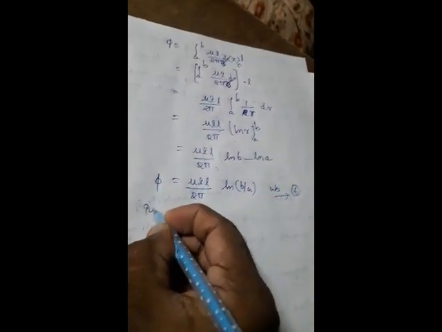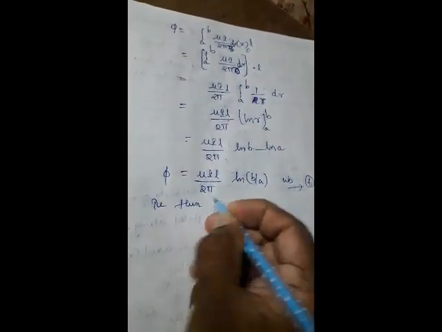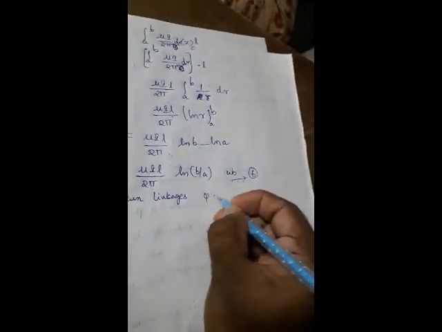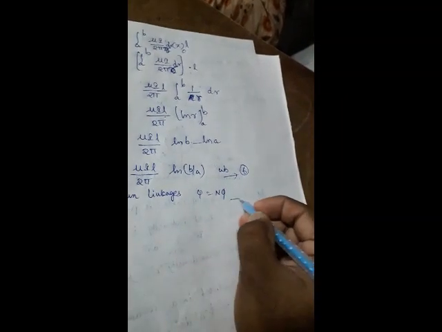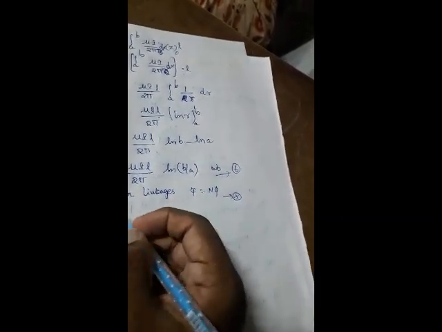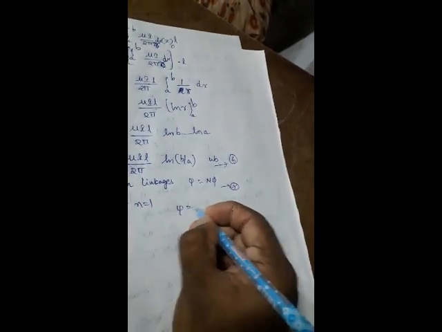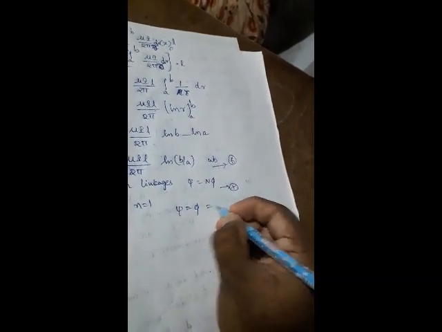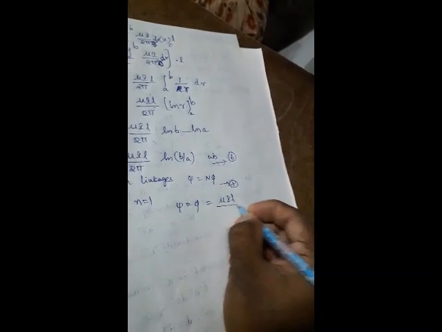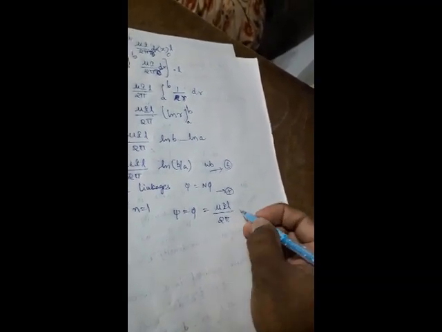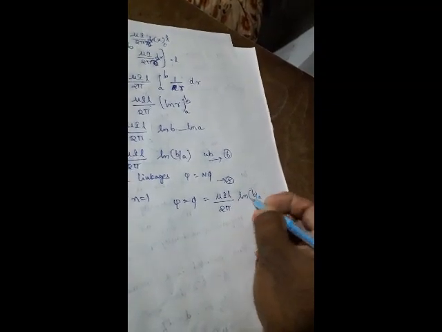Now the flux linkages in a coaxial cable: psi equal to N phi. For N equal to 1, psi is equal to phi, which is mu I L by 2 pi natural logarithm of b by a.